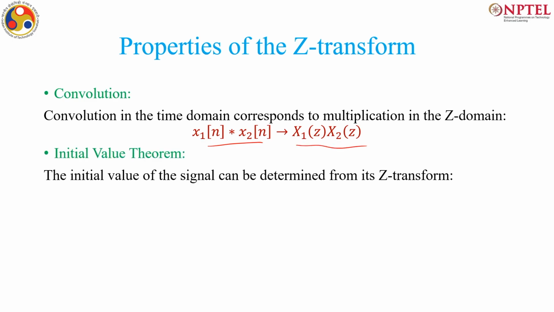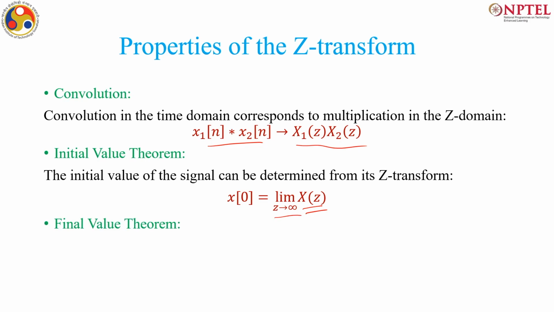Two more interesting properties of z transform are the initial value theorem, which states that if I know my x of z and I am just interested in the initial value of the signal, which is small x of 0, I do not need to do the entire inverse z transform. I just need to find the limit of x of z when z tends to infinity.